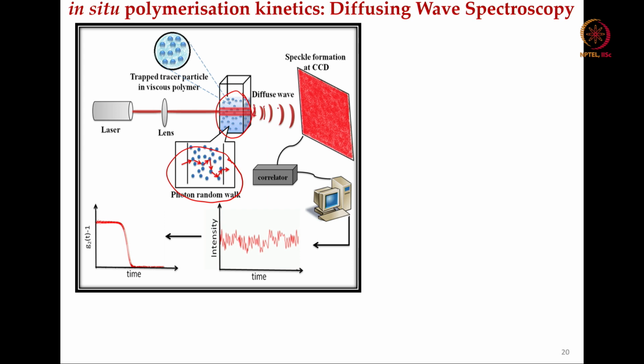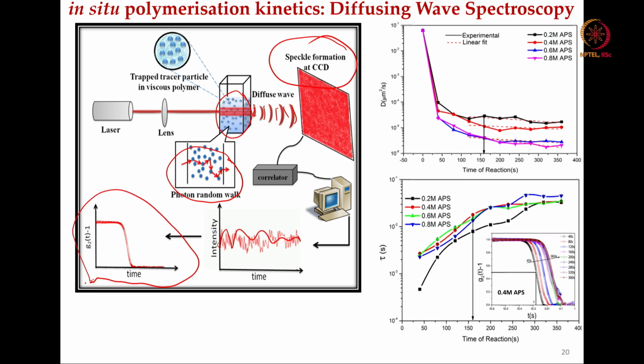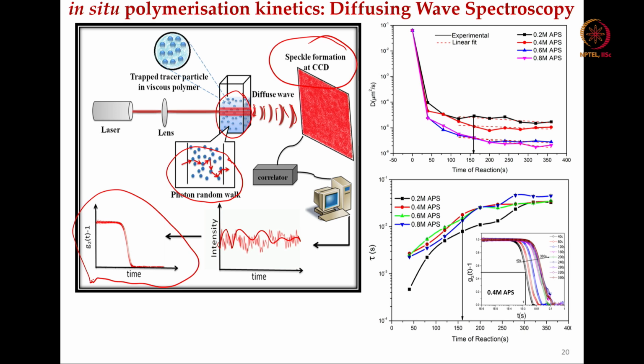This diffusing wave is generated, and then that will form the speckle at the CCD camera. So, you get intensity versus time plots, and there are other analytical results that you get, which are extremely useful to find out the diffusivity of this particular medium, and how the diffusivity is related to the time of reactions.